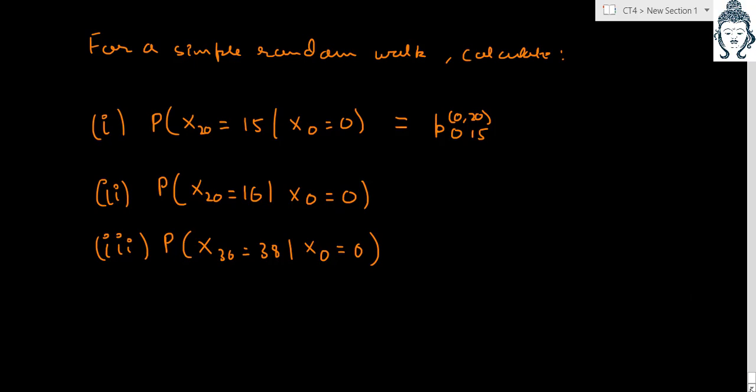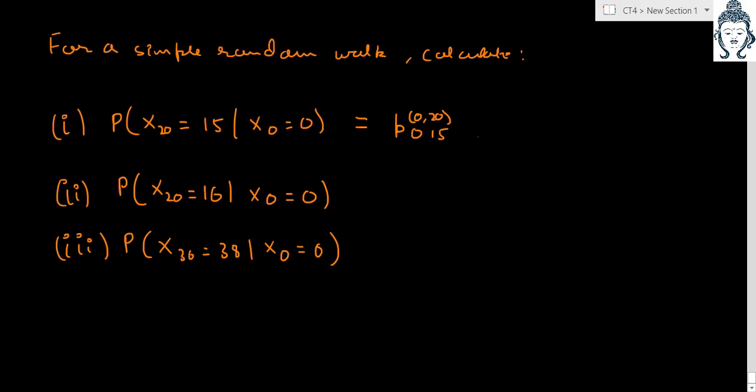This is what I want to calculate. Let's see what our values are. We want it to happen in 20 steps, so n is equal to 20, j is equal to 15, the value you need, and i is equal to 0.